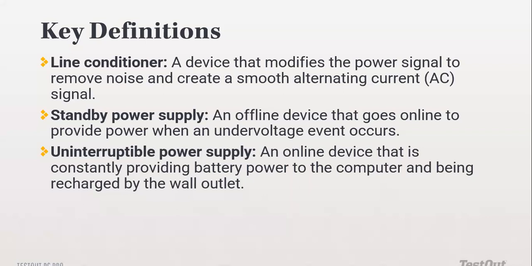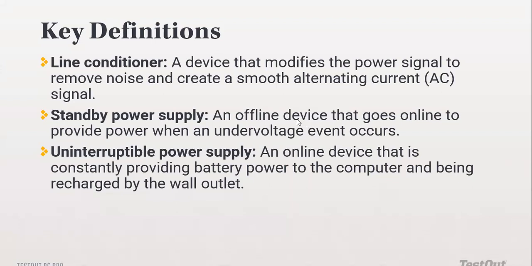So a standby power supply is sitting there, it is offline, it is not working. But as soon as power goes off, or there is an undervoltage, which we generally call low voltage, that standby power supply kicks in and starts providing power to your devices until the power stabilizes or electricity comes back in case of a cessation.